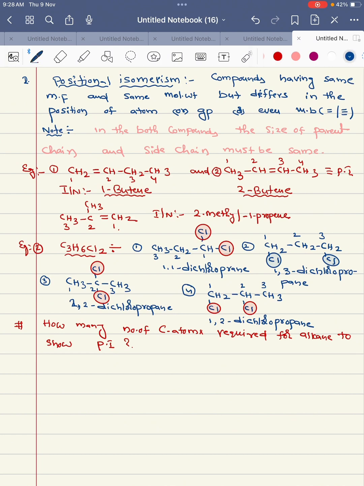So what is your answer? The answer is, what is the minimum number of carbons? It is called 6 carbon atoms that are required. That is called hexane.